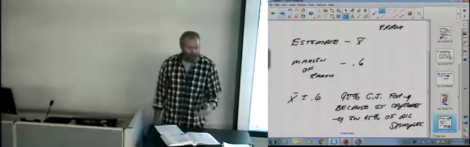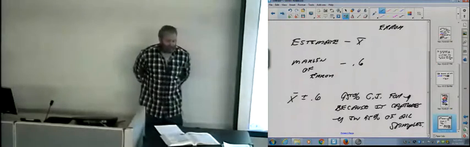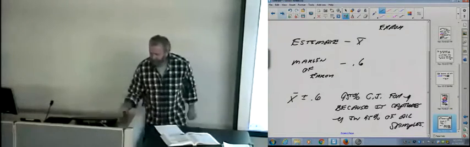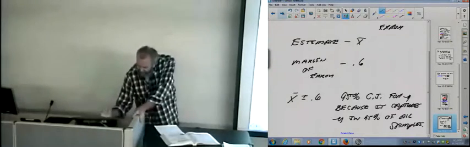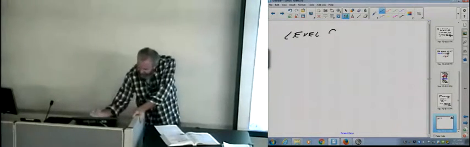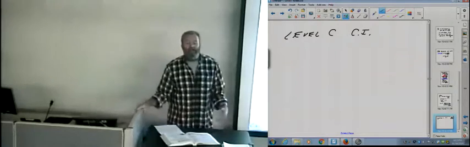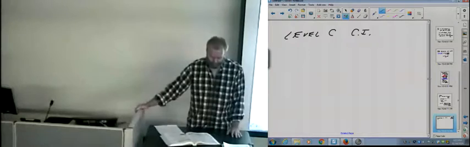Now, I am on the bottom of page 376. It says a confidence interval. We always talk about a level C confidence interval, okay? So, I think about level C confidence interval. Every confidence interval we do comes with some confidence level.